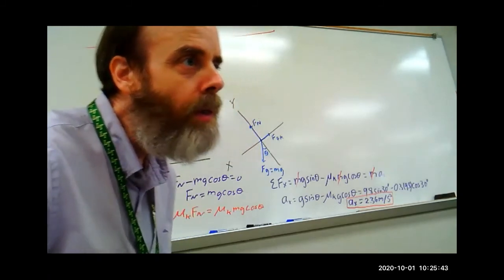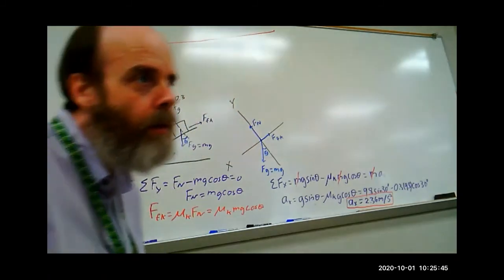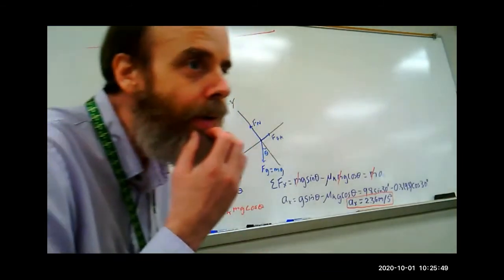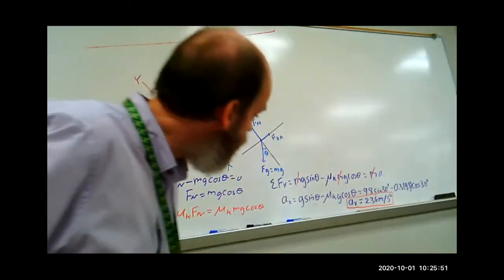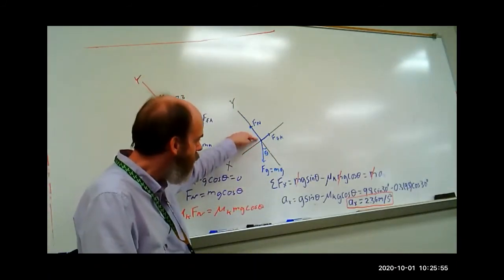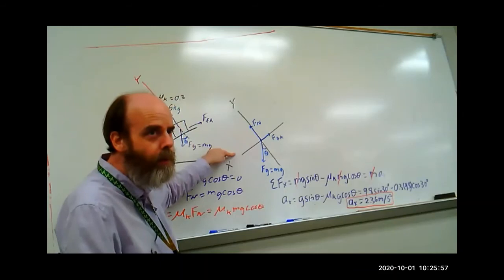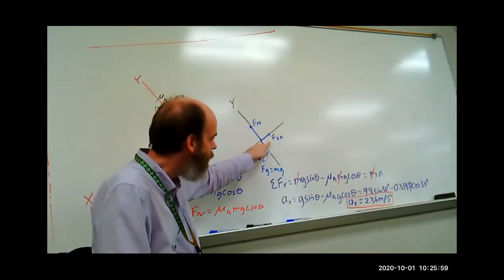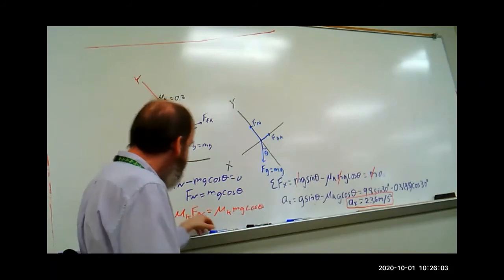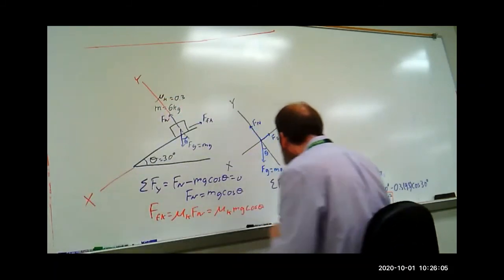Oh, the forces in the x direction. So the forces in the x direction are, okay, the component of gravity down the ramp plus the force of friction kinetic up the ramp. So it's two forces. Maybe I should have written this more clearly.